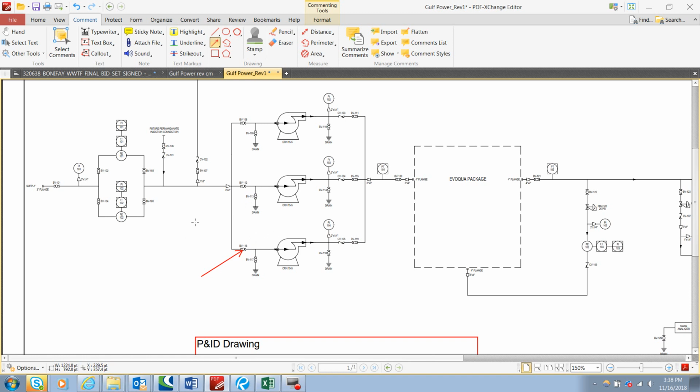Another thing that's unique to process diagrams is each item has a label. It's a unique identifier. In this case, that's ball valve 116. Here's ball valve 112, ball valve 108. So you always include the label above it. I'm not going to get into too much information on these.